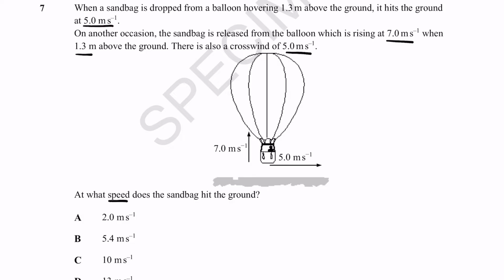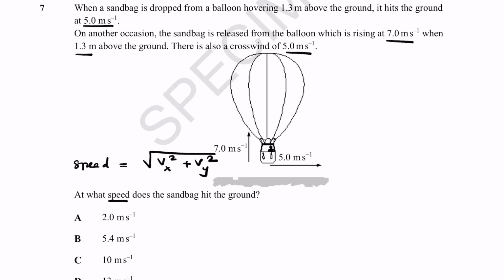So when it says speed, speed is the magnitude. So the speed is going to be equal to the square root of the final velocity along the horizontal plane squared plus the final velocity along the vertical plane squared.